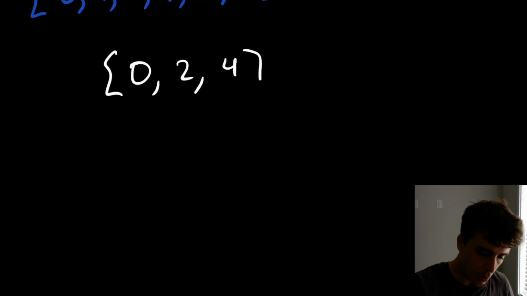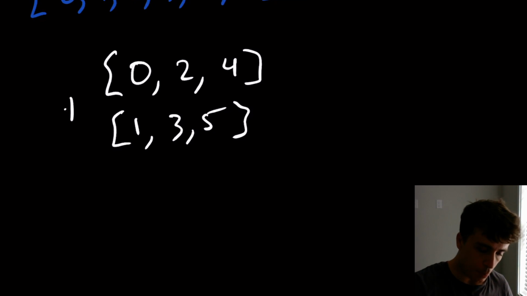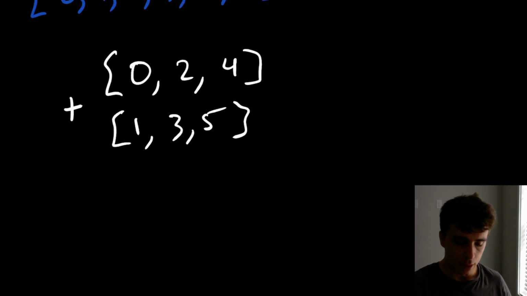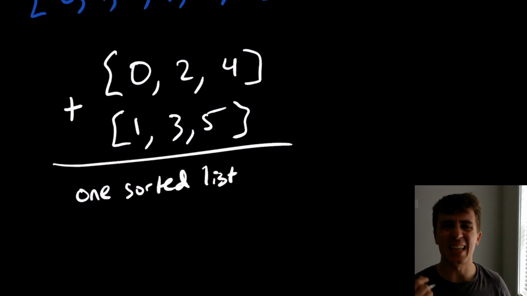I like motivating this with an example. Suppose that we have the lists 0, 2, 4 and 1, 3, 5. And what I want to do is put these two lists together into one sorted list, and I want to do that as easily and efficiently as possible.